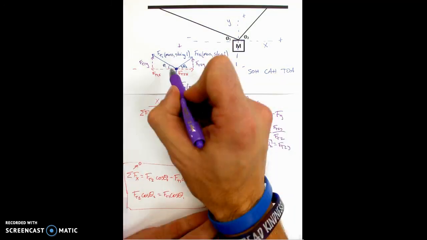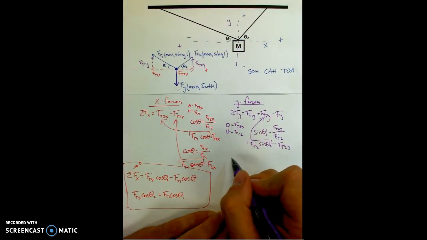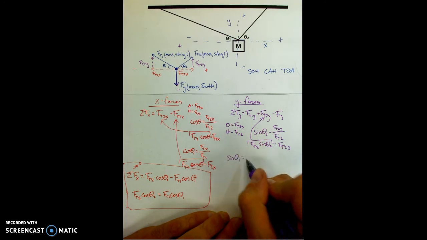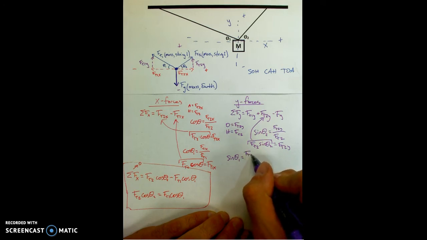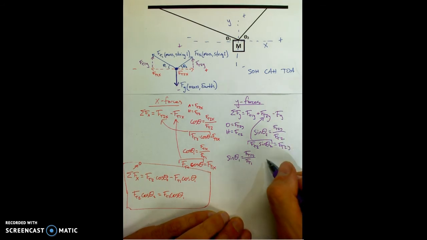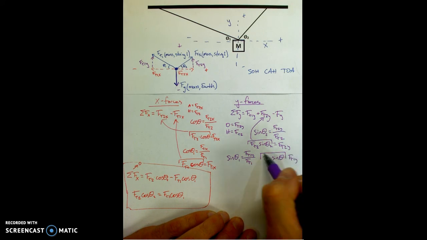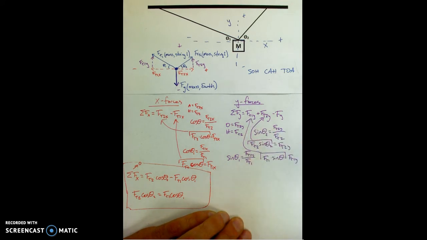So since we're also dealing with the opposite and the hypotenuse, we're going to say sine of theta 1 is equal to the opposite, in this case Ft1y, over Ft1. And if we multiply both sides by that force of tension, we have Ft1 times sine theta 1 is equal to Ft1y. And I can take all of that and plug it in there.